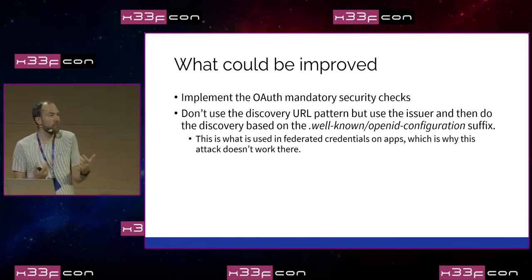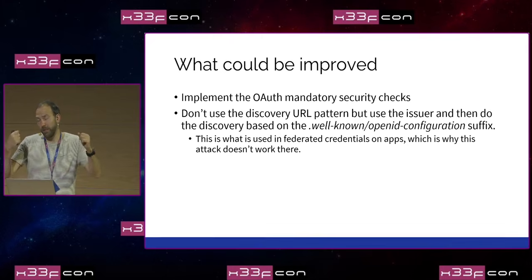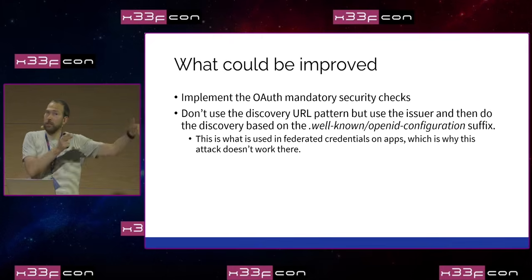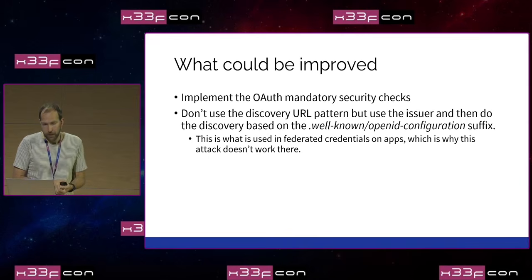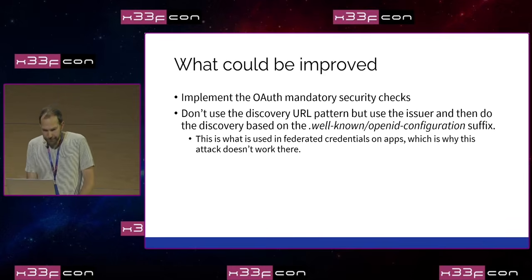And then, of course, you don't have these weird kinds of attacks because it follows from the issuer where the document should be. And this is also what they use in federated credentials, because there we don't specify the discovery URL, but we specify the issuer, which avoids this whole problem.